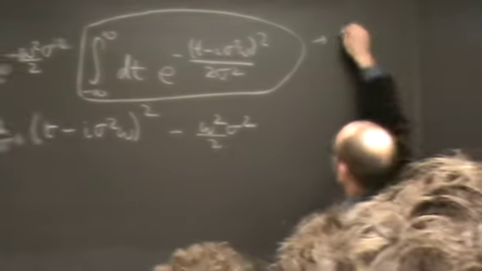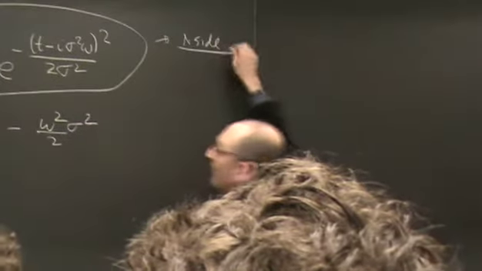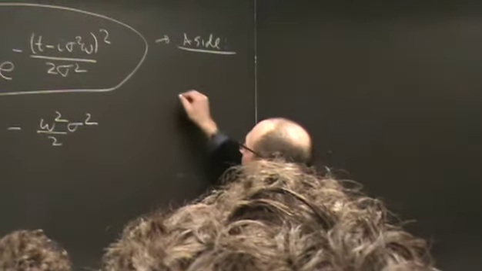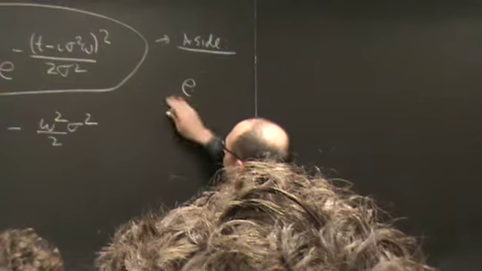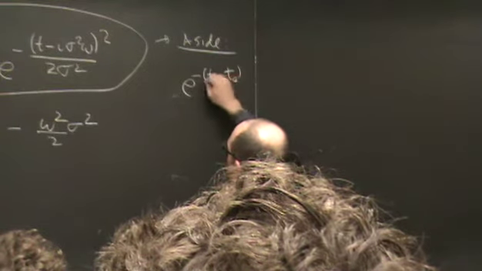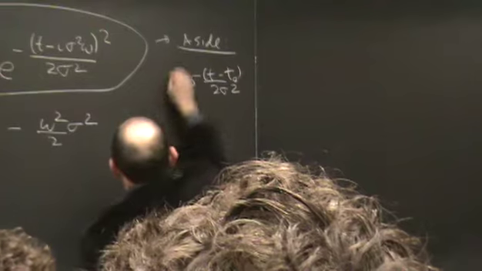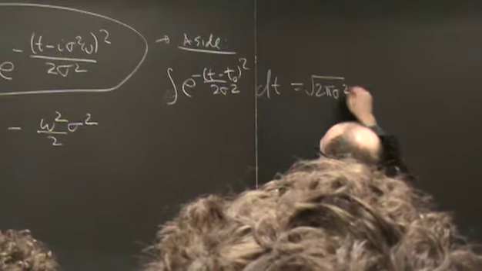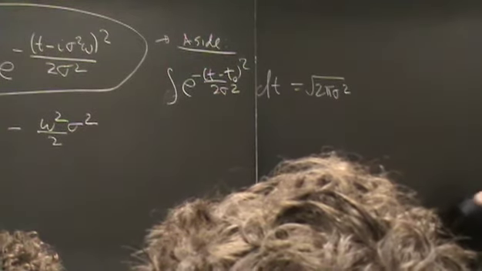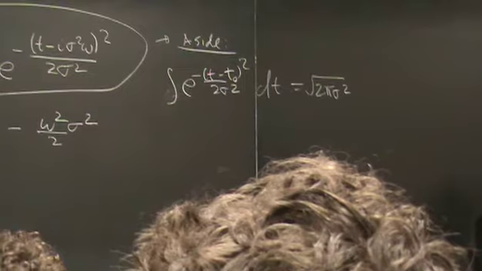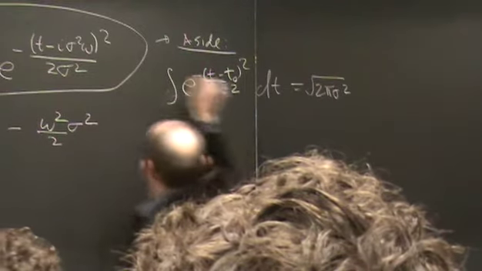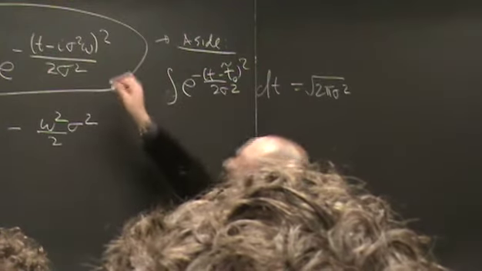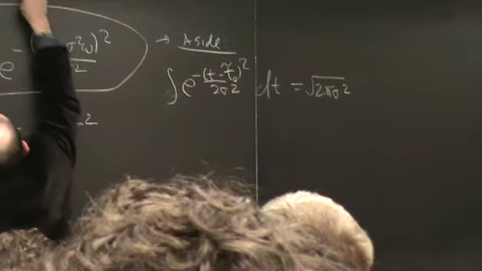As an aside, what I always remember, because I used to have this old Deutsch mark which had the normalization of the Gaussian on it, is that the integral of this over all time is the square root of 2 pi sigma squared, because that's the normalization of the Gaussian. And since it doesn't even matter, this could be a complex t tilde, it's still true. So this is the square root of 2 pi sigma squared.